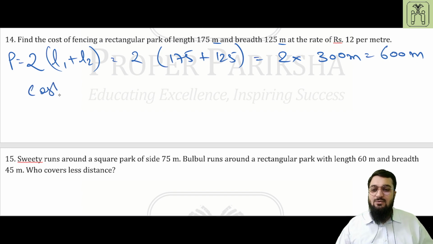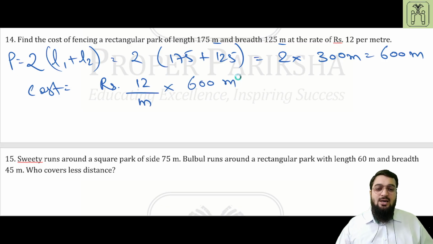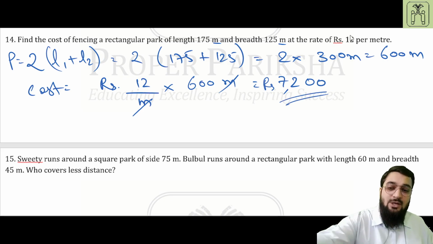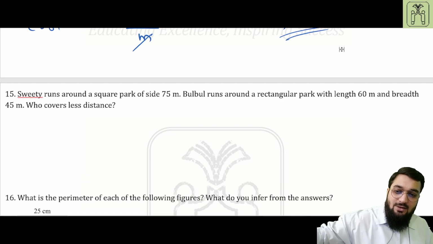After that, we find the cost: 12 rupees per meter into 600 meters. Meter gets cancelled out, and 6 twos are 12, 6 ones are 6, giving 72, and with two zeros the answer is 7,200 rupees.